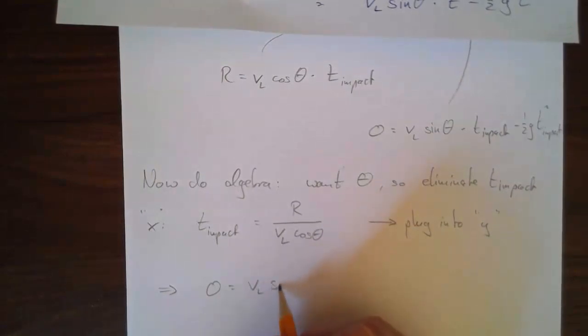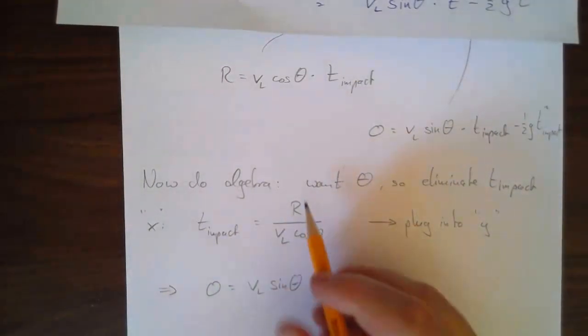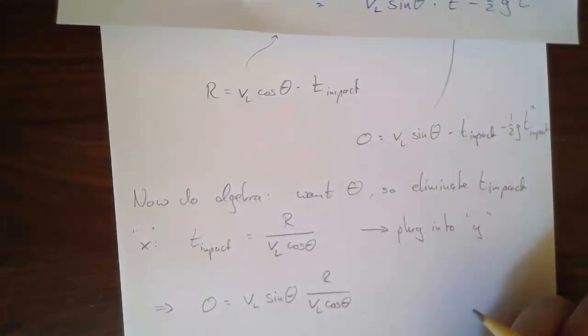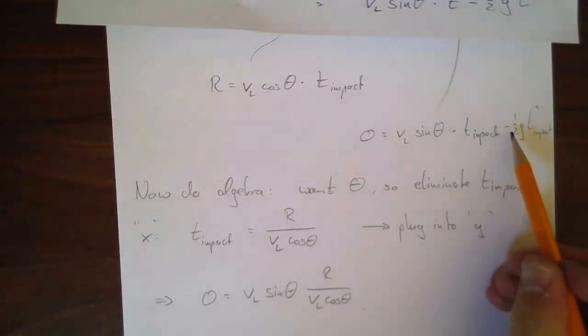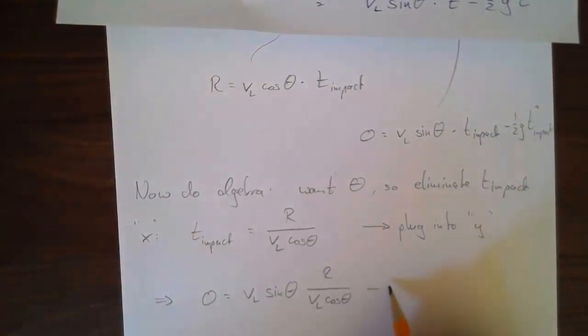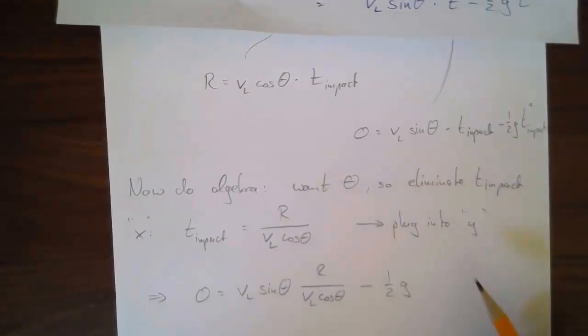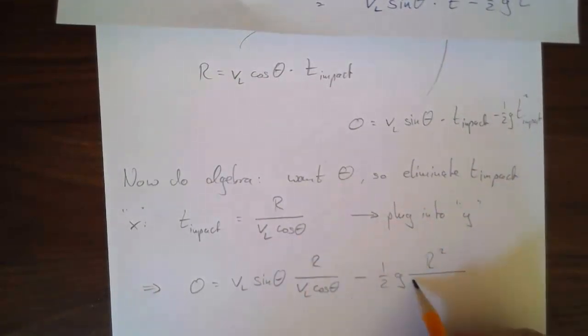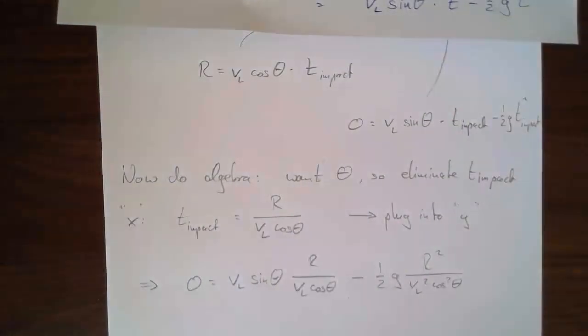That's VL sine theta. Now t impact, I know what it is. It's this r divided by VL cosine theta. And then minus 1/2 g t squared. So minus 1/2 g, and then this whole thing squared. So it's going to be r squared divided by VL squared cosine squared theta.